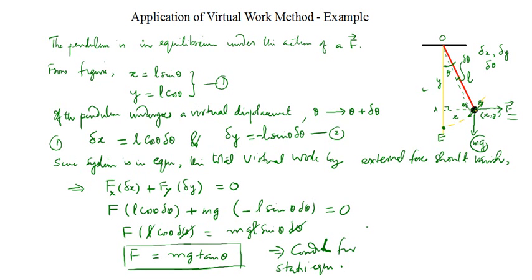Okay, so you can always check the logical correctness of this equation. If you have to maintain a static equilibrium at a greater angle theta, then tan theta will increase. So to do that, you have to apply more force.